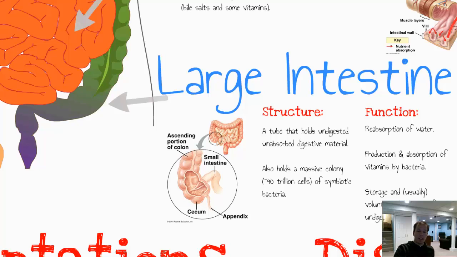The large intestine, the final major organ here in the digestive system, has kind of these three main parts. It has the ascending and the descending part of the colon, as well as the connecting tube across the top. And this is where all of the undigested food is going to be handled.